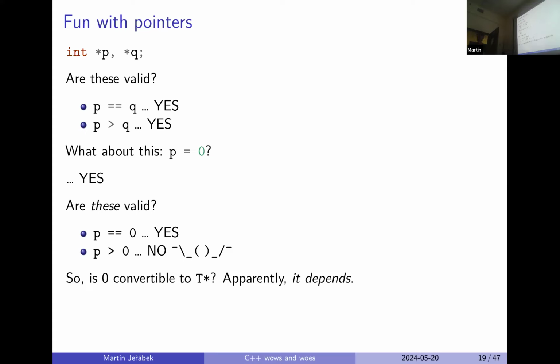Yeah, you're completely right. Even though it's syntactically legal, it might not be semantically legal, because if the pointers are not from the same array, it's illegal. I don't know if it's undefined or unspecified.